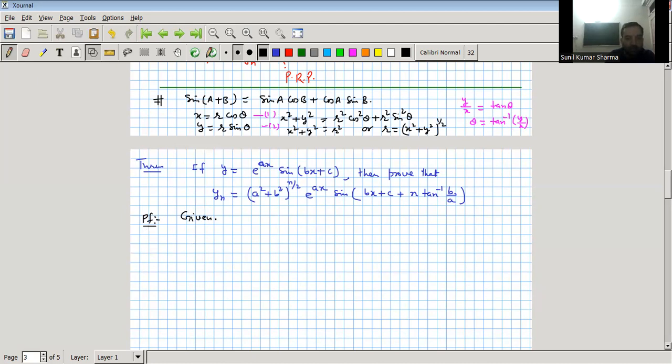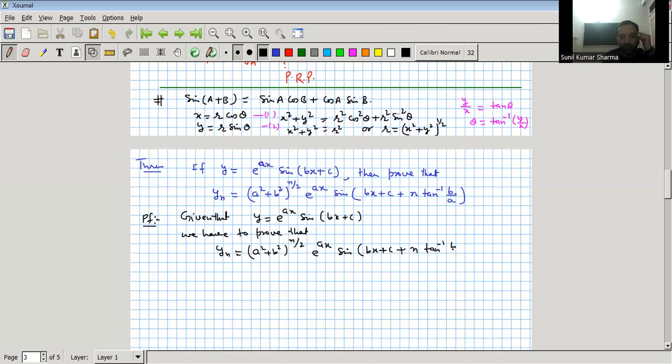Given that y is equal to e raised to power ax sin bx plus c, and we have to prove that yn is equal to a square plus b square to the power n by 2 e to the power ax sin of bx plus c plus n tan inverse b upon a.